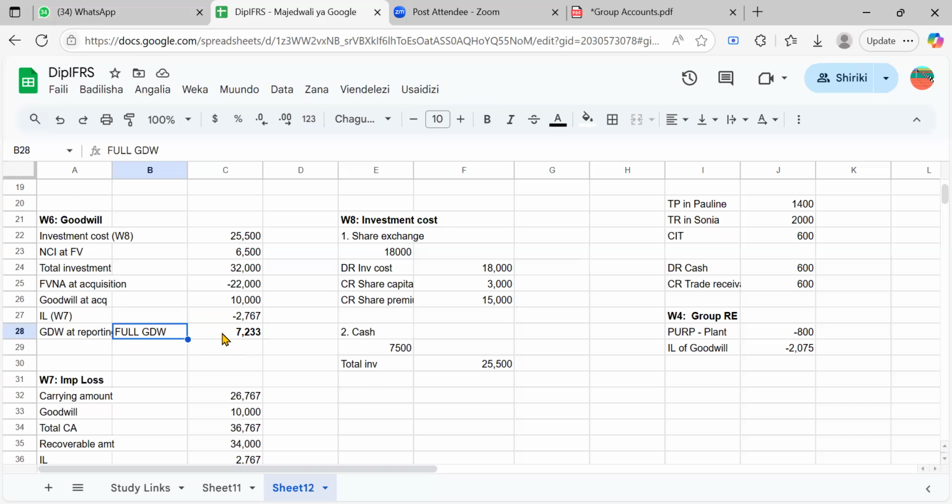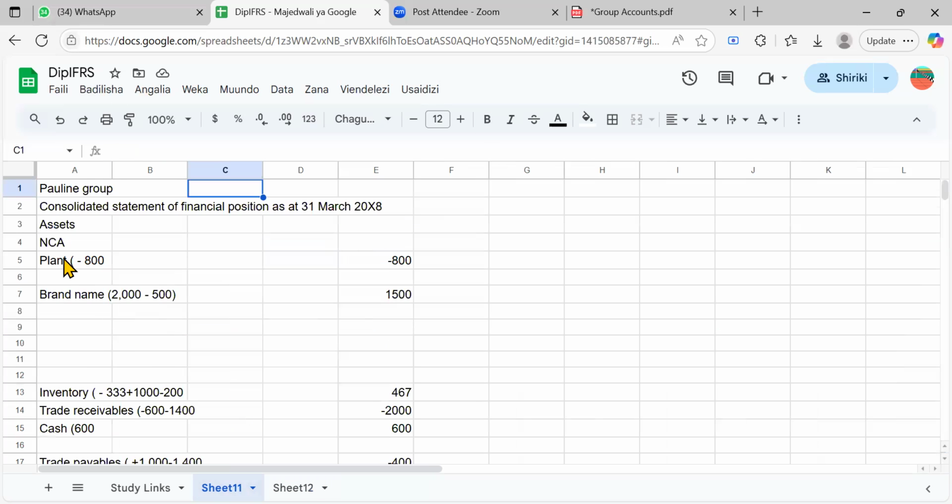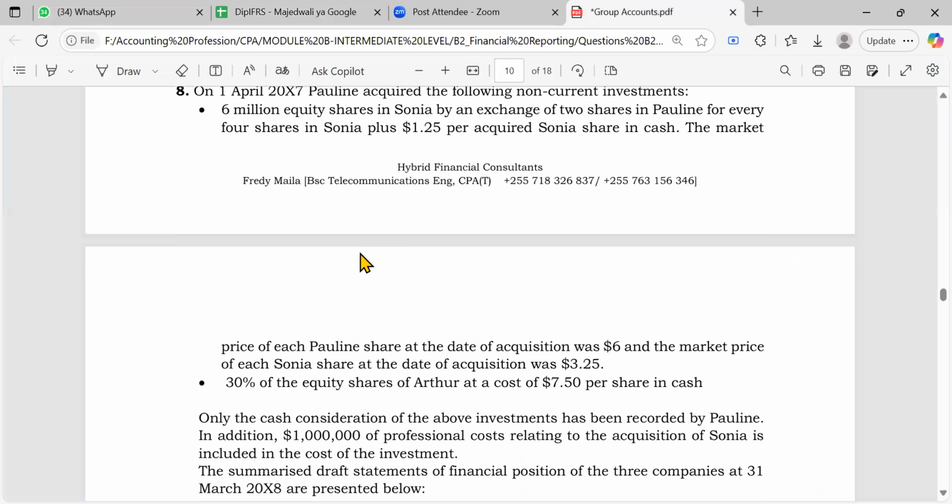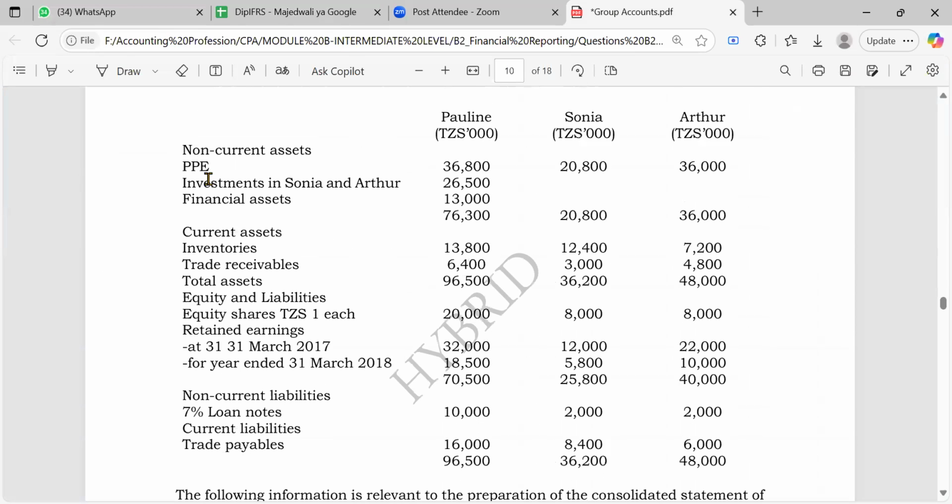I think we can take it direct. We have the goodwill figure at 7233. So you can just go to the statement of financial position here, non-current assets. After non-current assets, we had these investments, right? We had the financial assets and maybe we have the goodwill.